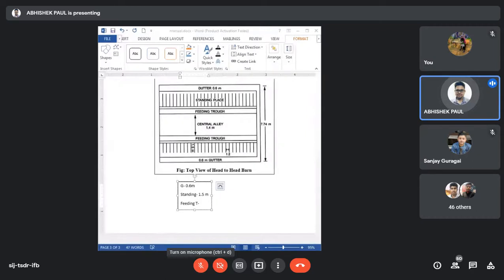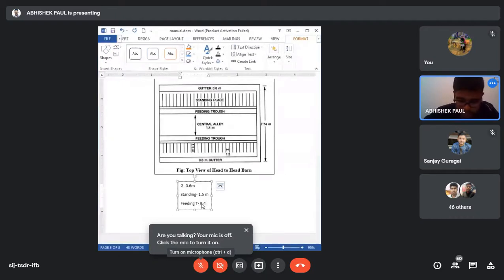So the width of the feeding trough is 0.4 meter. Now just add all these three. How much is it coming after adding these three?